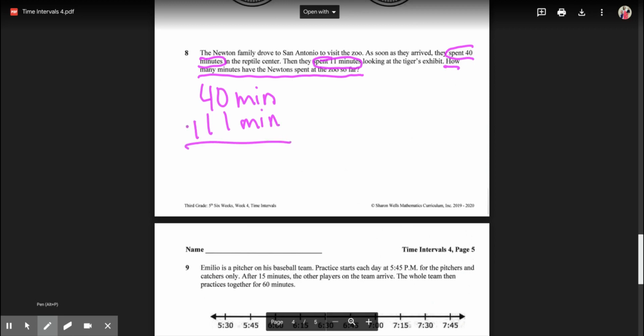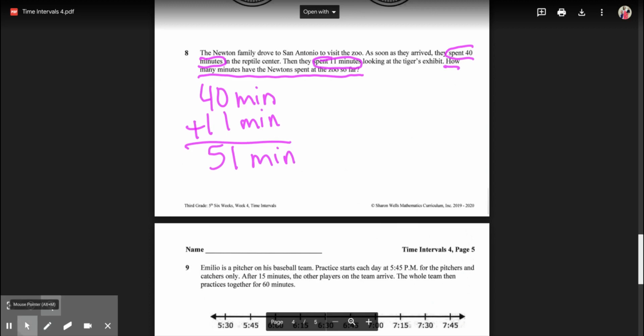So we're just going to add those minutes. There's 1 minute, and then 4 and 1. So now we have 51 minutes. So that's the total amount of time that they've spent at the zoo so far. We didn't have a start time, so we didn't need an end time.